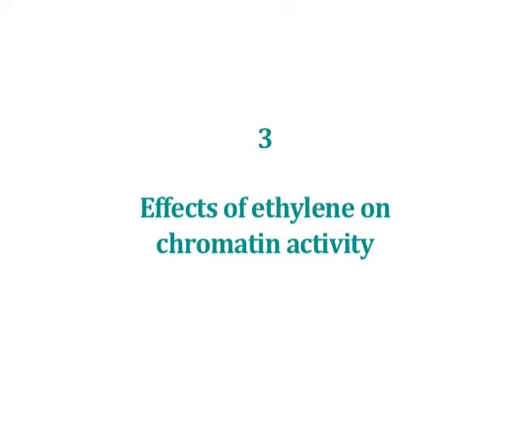The third mode is the effects of ethylene on chromatin activity. Ethylene has been shown to regulate RNA synthesis, and the mechanism involves change in chromatins of ethylene-treated tissues, leading to change in quantity and kind of RNA.